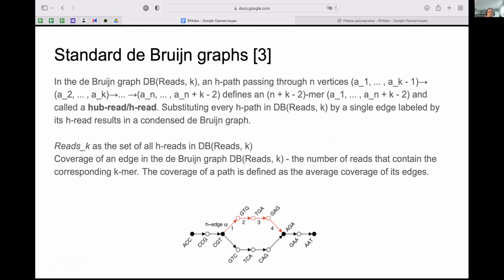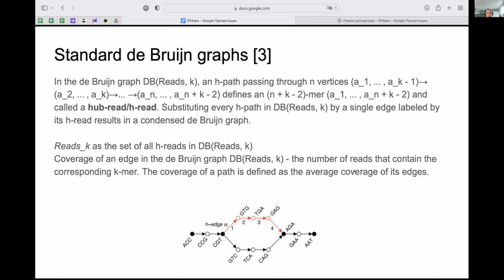And in the de Bruijn graph, an h-path passing through n vertices defines an (n plus k minus 2)-mer called an h-read. Substituting every h-path in the de Bruijn graph by a single edge labeled by its h-read results in the condensed de Bruijn graph. Reads_k denotes the set of all h-reads in the de Bruijn graph, and the coverage of an edge of the de Bruijn graph is the number of reads that contain the corresponding k-mer.